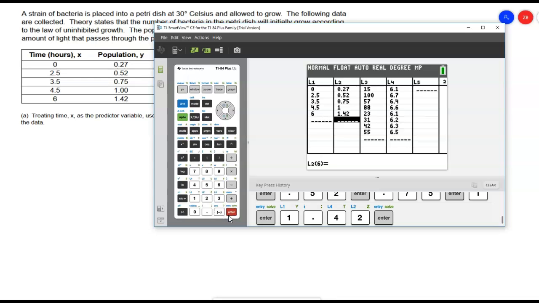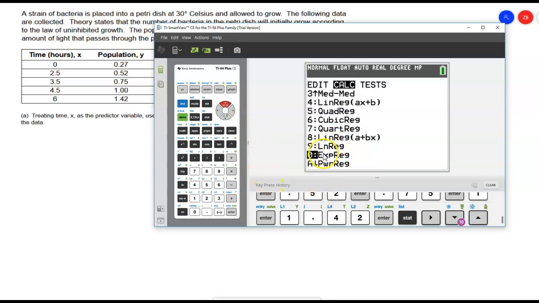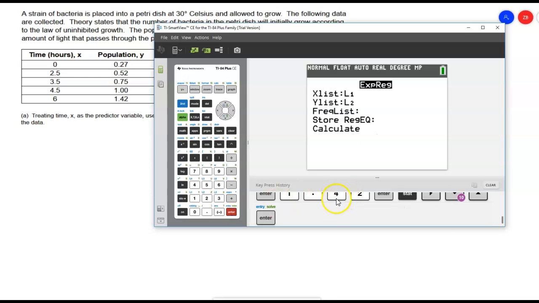All right, and now I'm going to create an exponential function in this calculator. I'm going to go to Stat, go to Calculate, and go to the exponential reg. I hit Enter. Now, mine asks me for which two lists I'm going to use, and I also want to store mine in my Y1 equation.